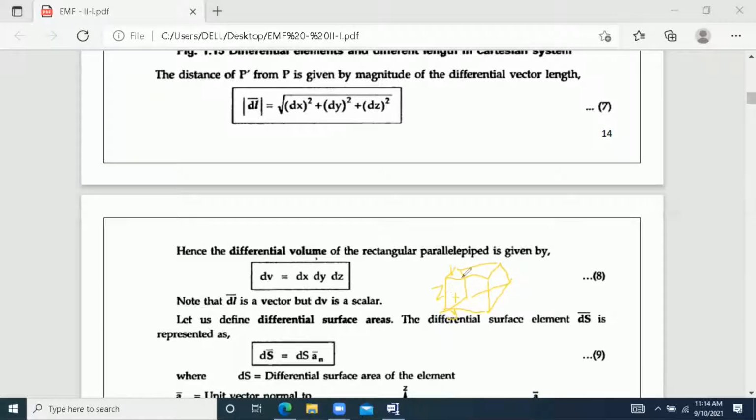If you make a small cube with that volume, and you call all of these your differential y, your differential x, and your differential z, your differential volume will be dv, which is dx times dy times dz. Following so far? Silent means consent.